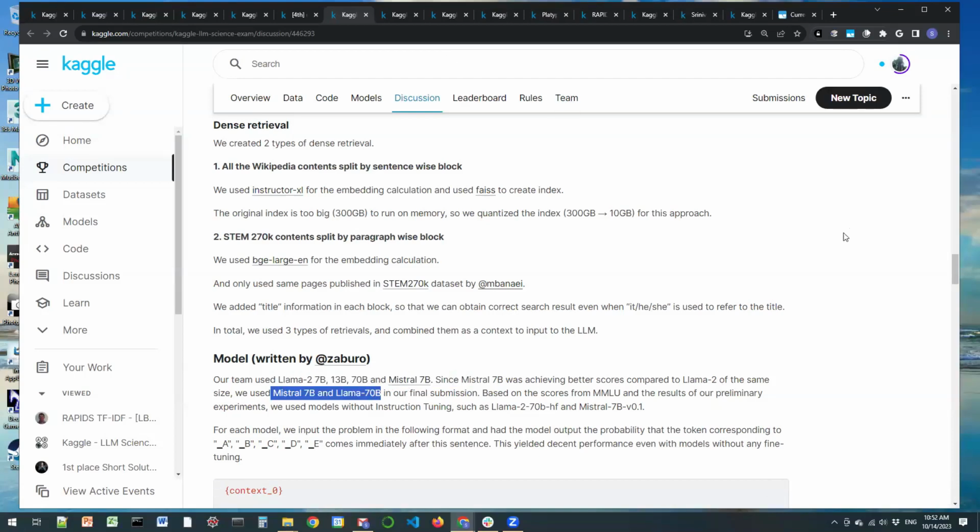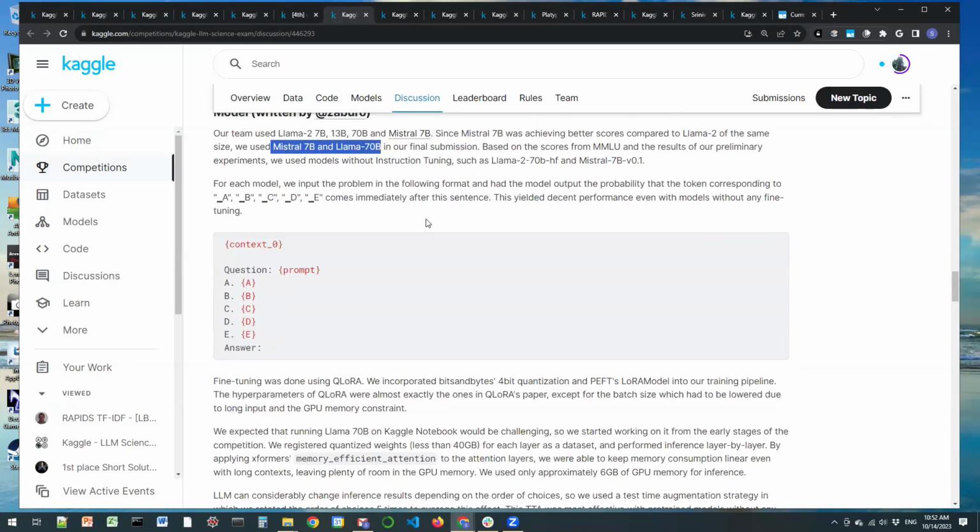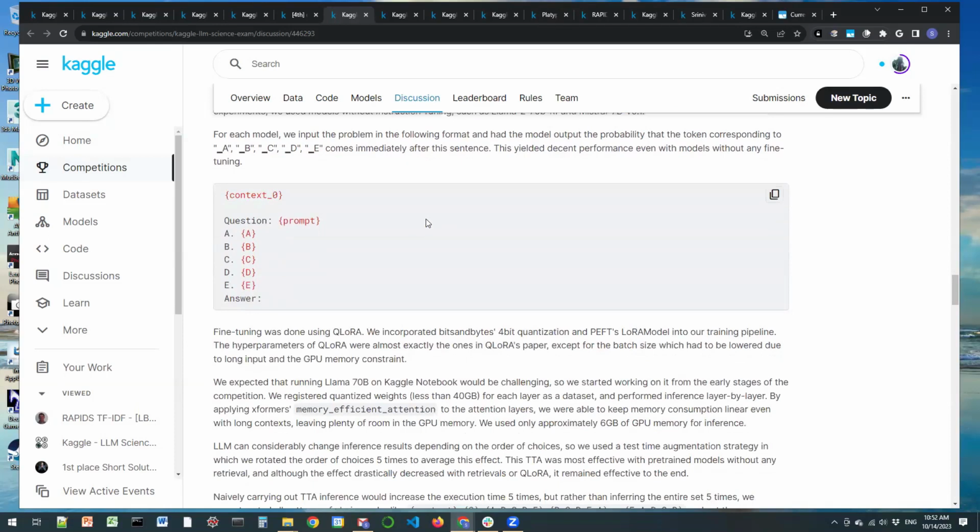So that means 2 models maybe. This is pretty incredible, using such large models.